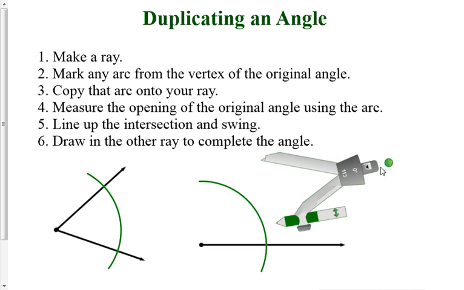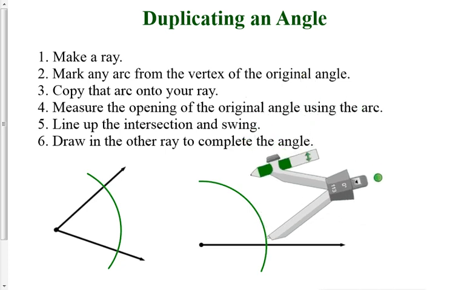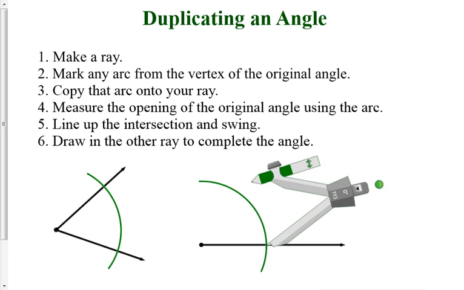And now this is step 5. Line up the intersection and swing. So I'm going to flip this up. I'm going to line up the point of my compass with the intersection of the arc and the ray.